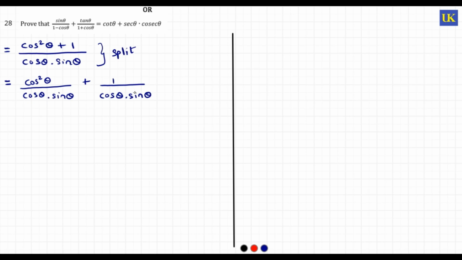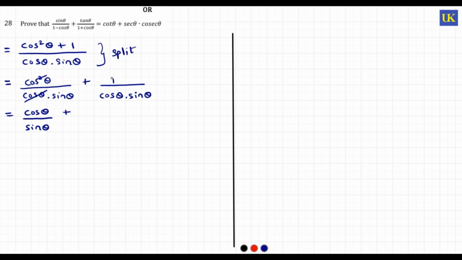So sin theta. Okay, alright. So here you can see now, here we have cos theta, here we have cos square theta. So one time cos theta with one time cos theta will go off. So in the numerator part we will have cos theta one time, and in the denominator we have sin theta.